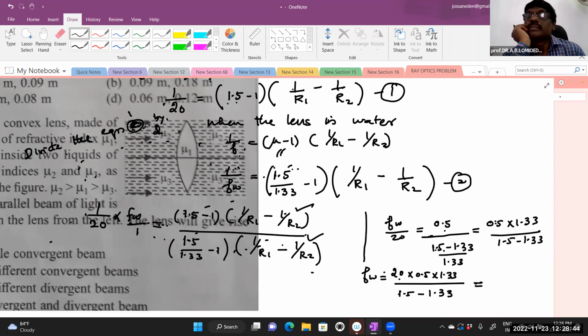20 into 0.5 is 10. 10 into 1.33 is 13.3. 13.3 divided by 1.5 minus 1.33.